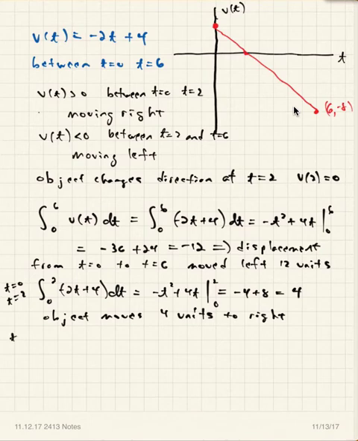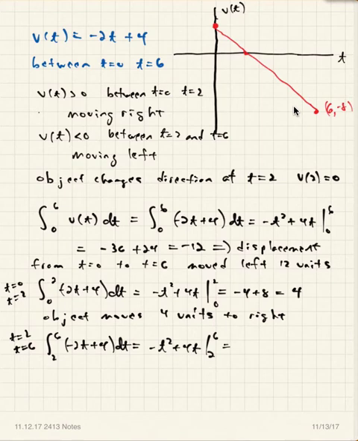And then from t equals 2 to t equals 6, we wouldn't have to do this because we have enough information to figure it out now, but we're going to do it anyway. From 2 to 6, same function, same antiderivative, it's just the limits of integration that are different. Now the object's always moving to the left in that interval, so this should also give us distance because there's no change in direction.